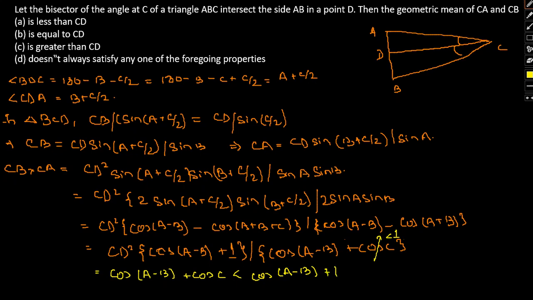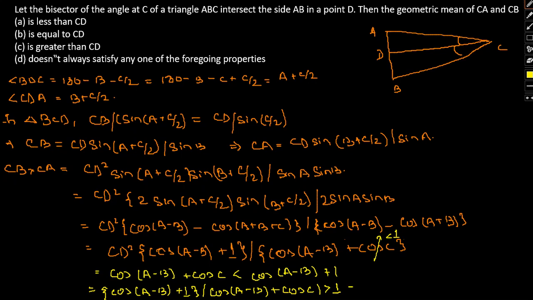Okay, this can be further written as cos A minus B plus 1 divided by cos A minus B plus cos C within 1.